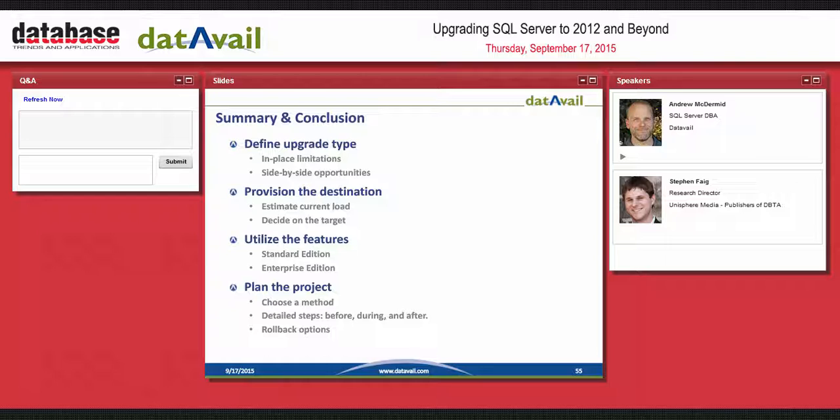Utilize the features. If you are on Enterprise Edition, you get all the cool stuff. Everything's always online, always highly available, all these great options for data compression and partitioning, etc. Or at least this all could be. If you are running EE, it's really worthwhile to take a look at what's available and find a way to use it. On the other hand, Standard Edition is actually kind of a fun challenge as a DBA.